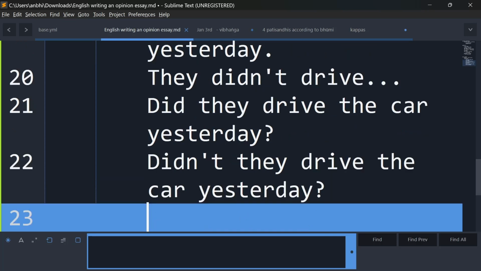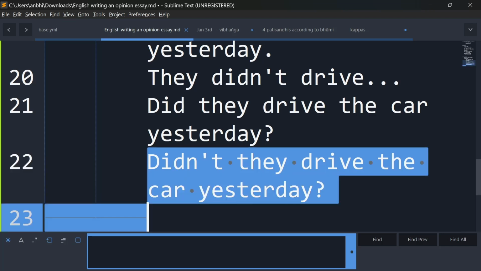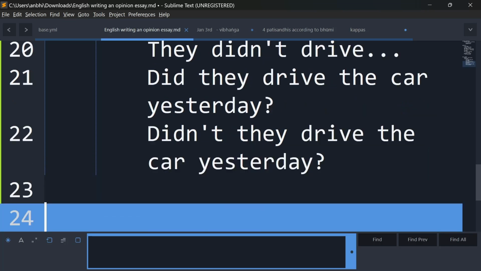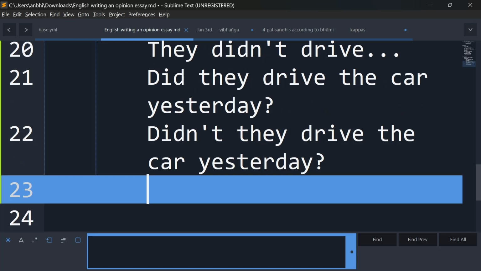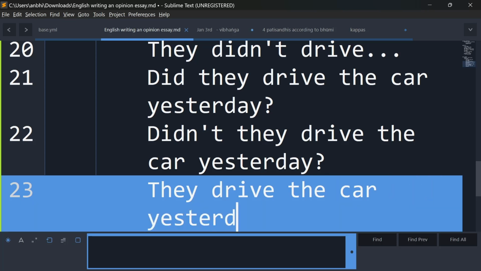Okay? Now, one more. This is a negative question. Now, let's use an affirmative. Remember affirmative, you affirm something. You state something. It's the most normal sentence, a statement. For example, they drove the car yesterday.